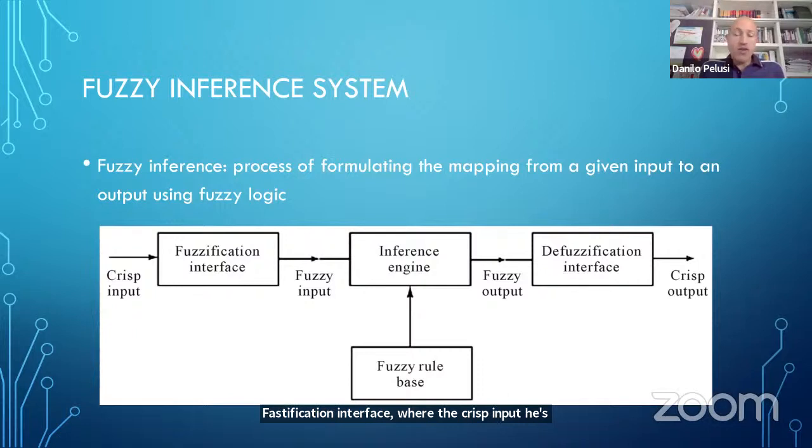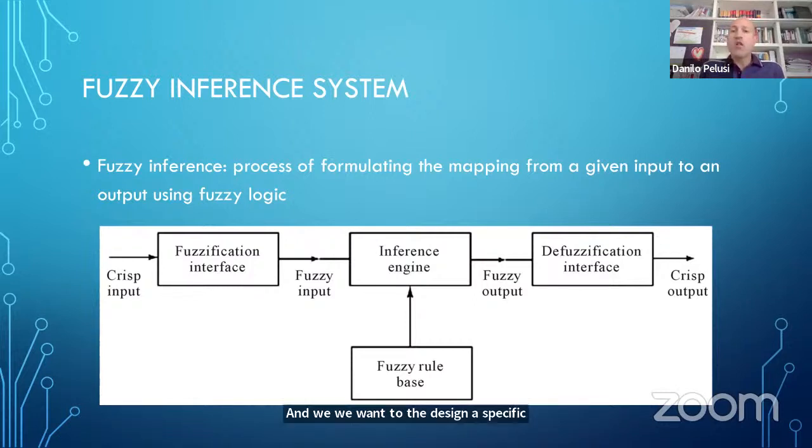There is the fuzzy rule base, and the rules of our system. And then there is the fuzzy output, which is converted to a crisp output by the defuzzification phase.